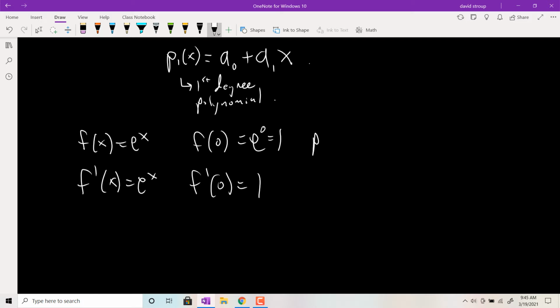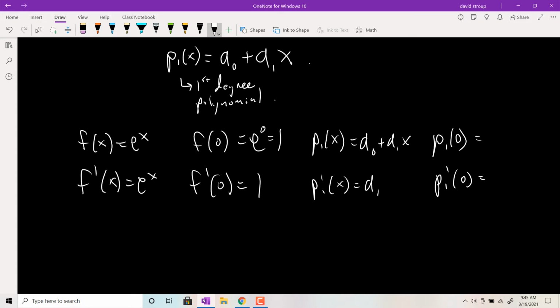And then we have to do the same thing for the polynomial. So p1 of x is a sub 0 plus a sub 1 x. p1 prime of x: the derivative of a sub 0, it's a constant, so it'll just be 0. The derivative of a sub 1 x will just be a sub 1. And then we evaluate these at the center.